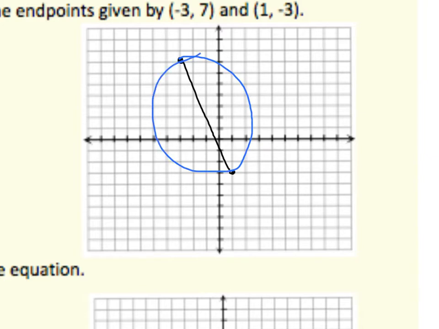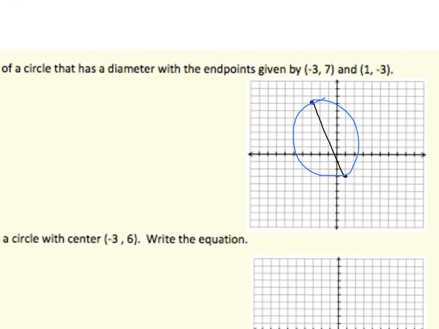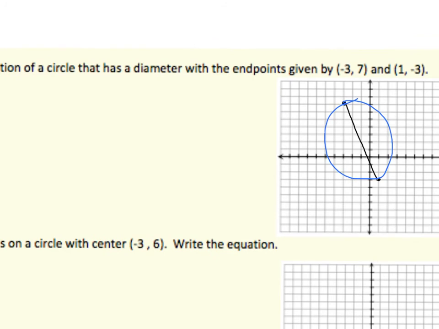In order to write the equation of a circle, we need the center and the radius. The center of the circle is the halfway point between the two endpoints of a diameter. Halfway sounds a lot like the midpoint, so I'm going to find the midpoint between these two endpoints.